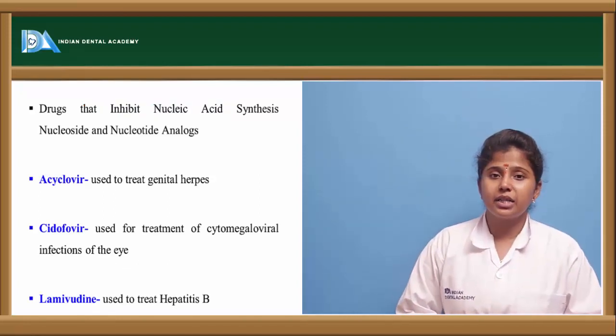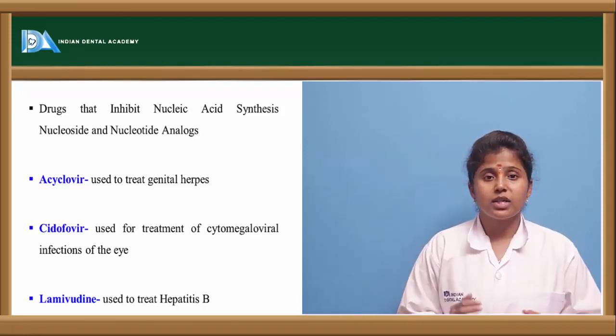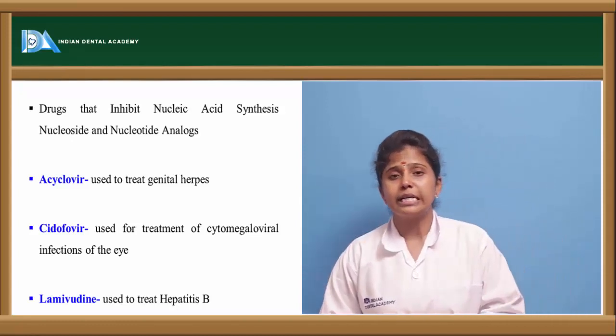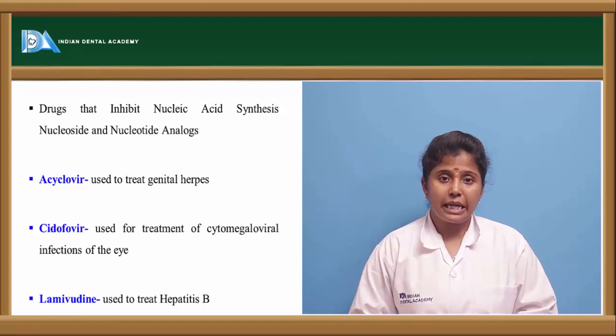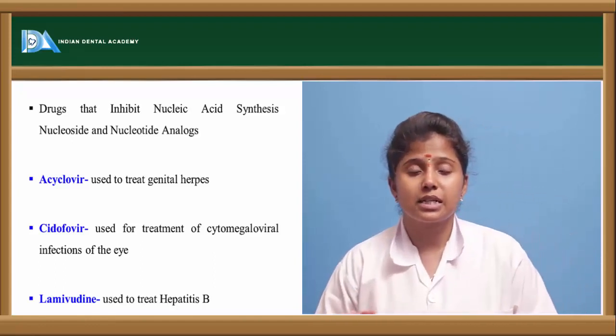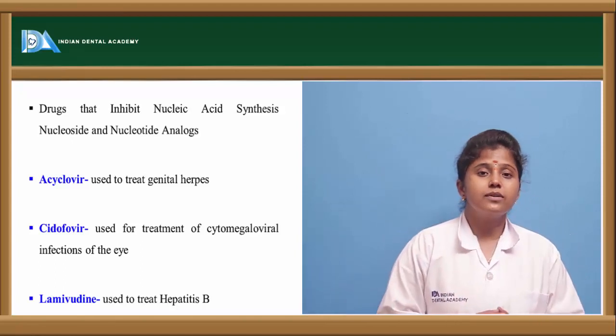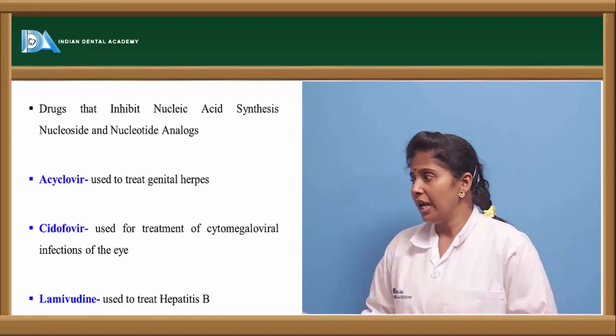These drugs inhibit nucleic acid synthesis, as nucleoside and nucleotide analogs. There are various nucleotides and nucleosides. The bases present in the DNA are adenine, guanine, cytosine and thymine. Without these nucleotides, DNA synthesis cannot occur. So if nucleotide synthesis is inhibited, the DNA synthesis is inhibited.